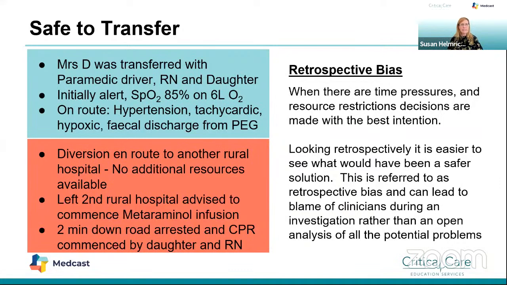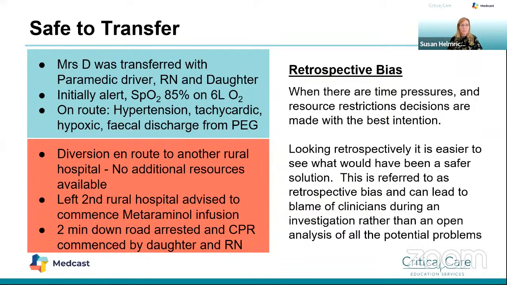So what we're starting to see on investigation now is what we sometimes refer to as retrospective bias. And certainly in that previous quiz, the poll, a lot of you said that she was really too unstable to transfer in the first place. And part of that decision making was, we know what has happened to Mrs. D. So it makes it easier to know that she's going to deteriorate, and perhaps it's better to stay where we are.